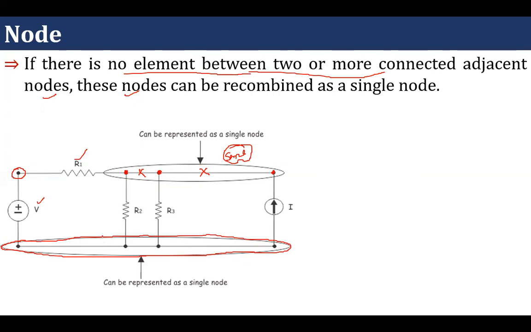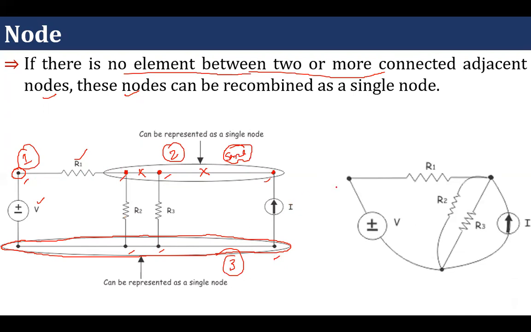So typically in this circuit we have node number 1, node number 2, node number 3 only. Whereas there are so many junction points, like this is a junction point, this is a junction point, which has been shown. But all these junction points are not different, it is the same point.